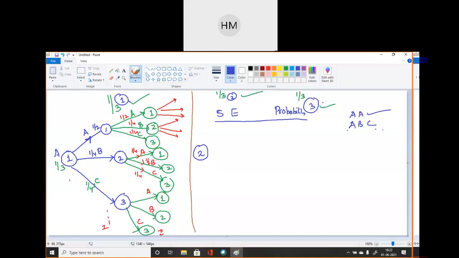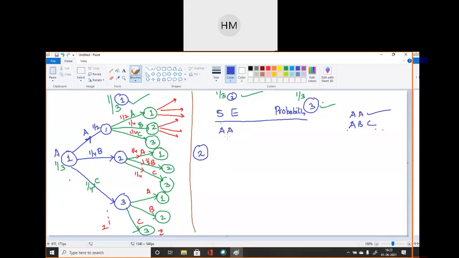How is the symbol emitted? First we can have the message of length 2, AA. This A and A. Okay, what is its probability? We have to calculate its probability.